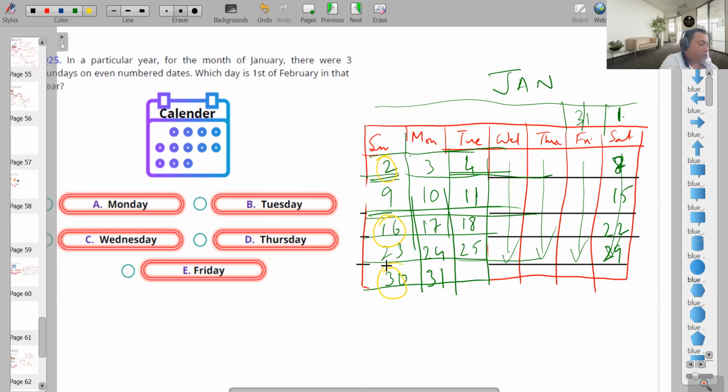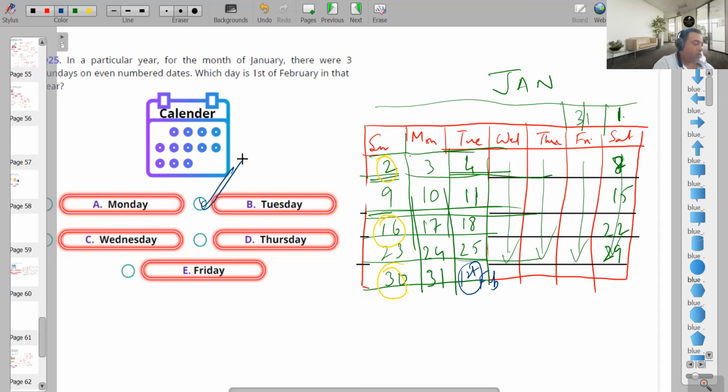So the question is asking you, what is the 1st of February? We can see here the 30th will be a Sunday also, 30th of January. 31st of January will be a Monday. And therefore, 1st of February will come here as Tuesday. So the correct answer is Tuesday, B.